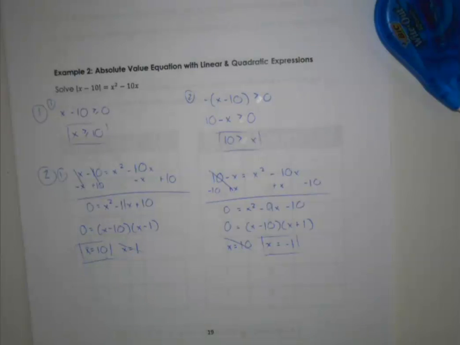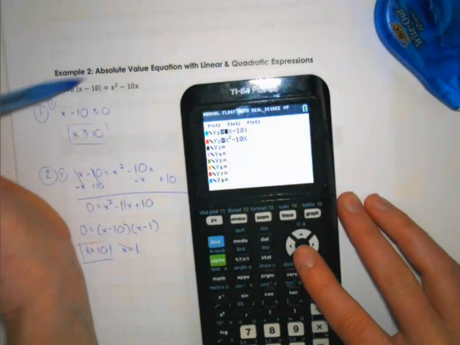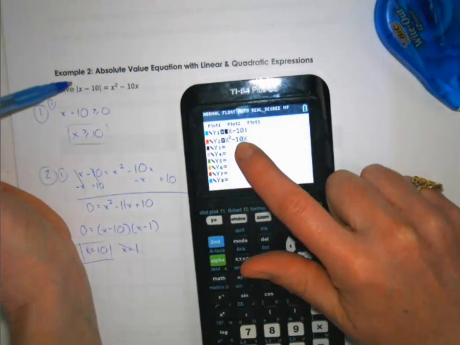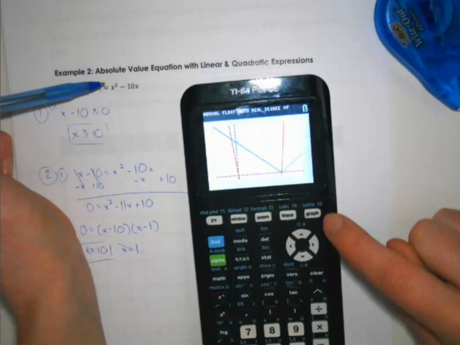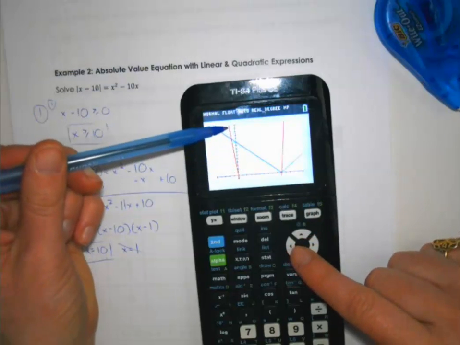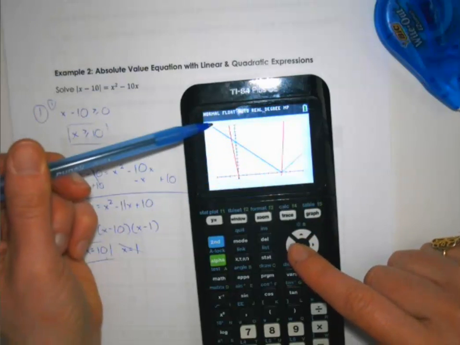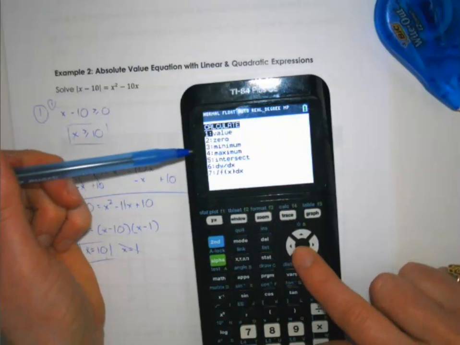So we can go in and graph the two components, right? The x minus 10 in absolute value brackets, and then the x squared minus 10x. And then we go to our graph. I've already set the window so you didn't have to wait for me to do that. And here we can see our two different graphs. So what we would want to do is check and make sure that these intersection points are where we think they are.